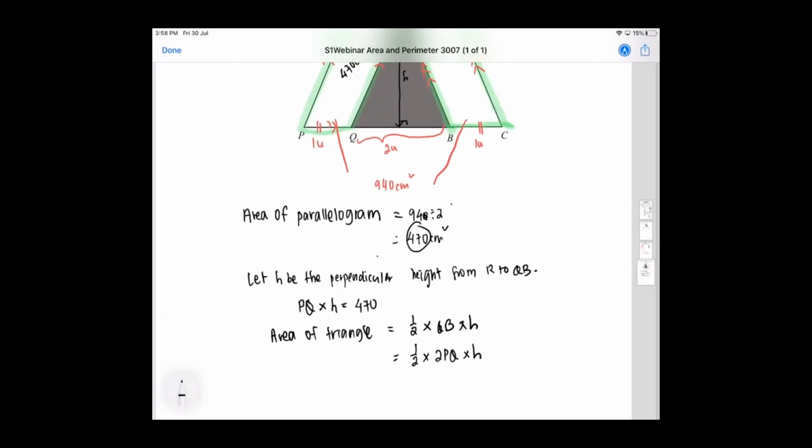Then times H. Half times 2 is 1, so these combine to give 1 PQ times H. And we know from the earlier equation that PQ times H is 470. So we just copy that 470 and paste it here. This is how we get the area of the shaded part: 470. It's the same as the area of the parallelogram.